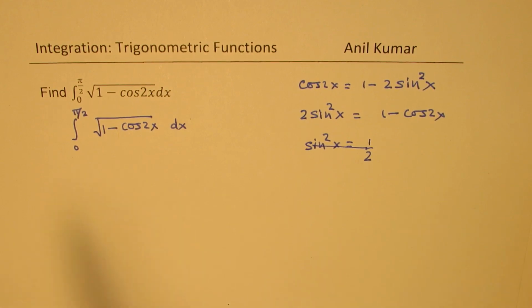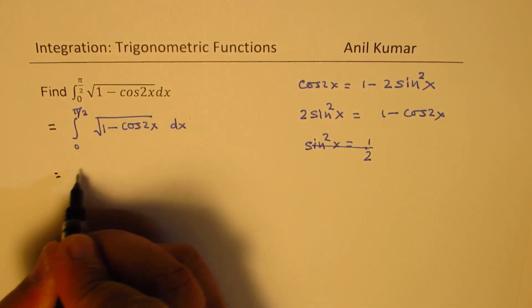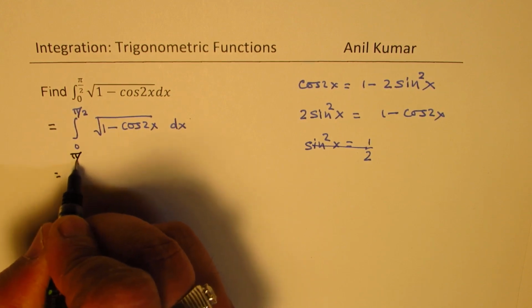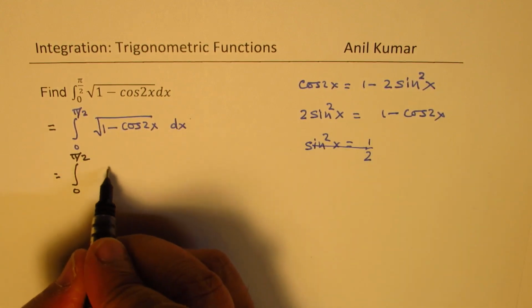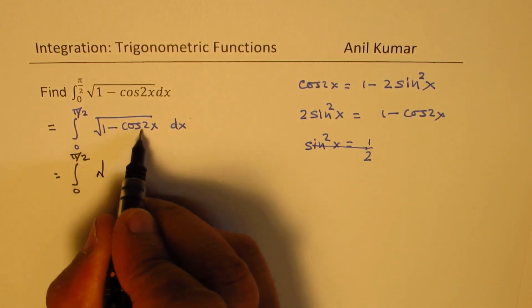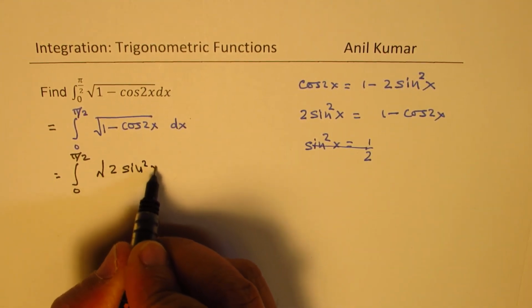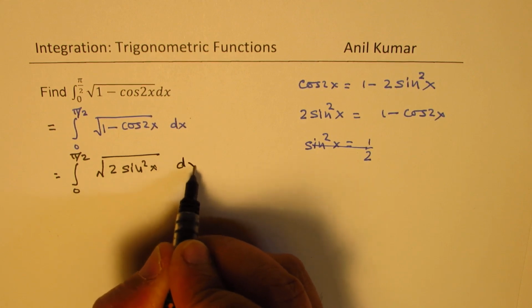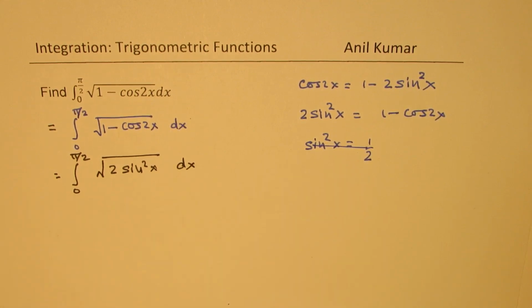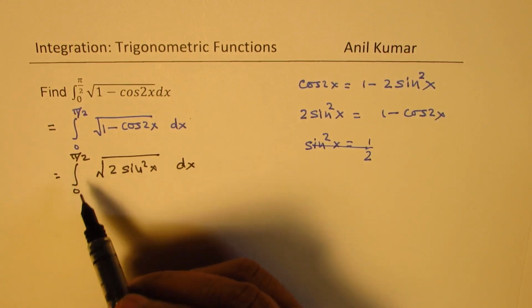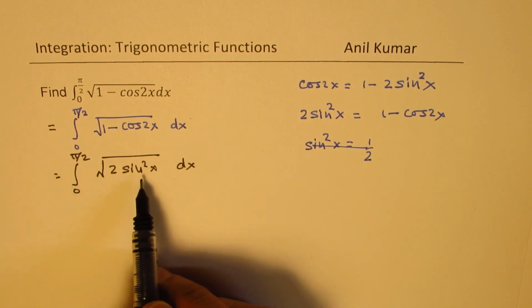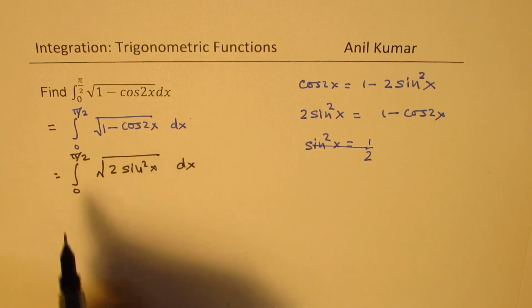Perfect? Okay. So we can write this as from 0 to pi by 2, square root of 2 sine square x dx. Now we're talking about the limit from 0 to pi by 2. So the square root of sine square x is the absolute value of sine x. It is positive, right?